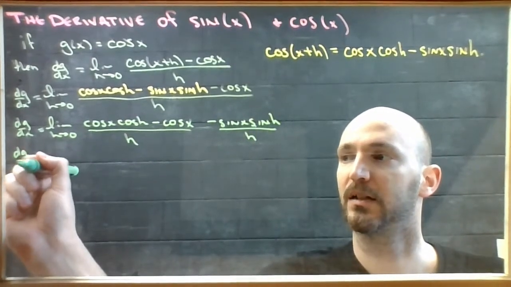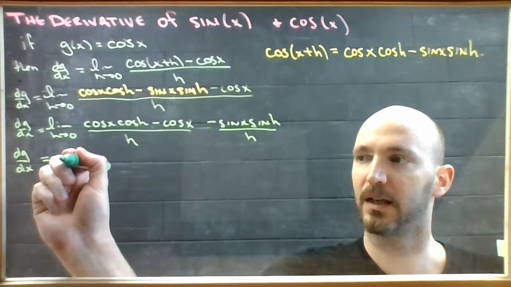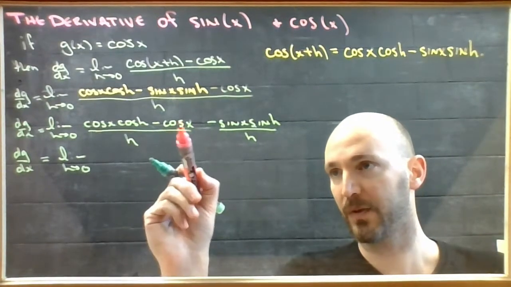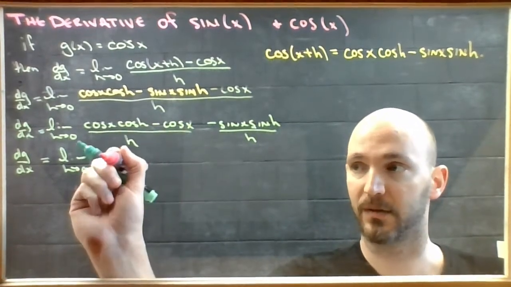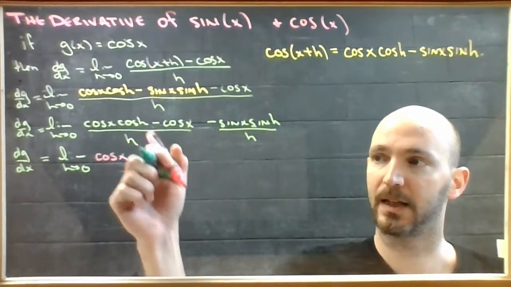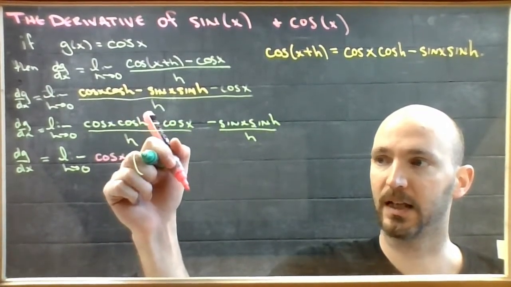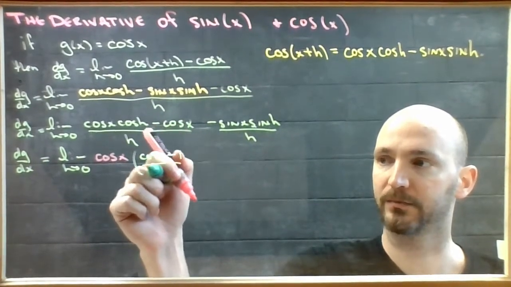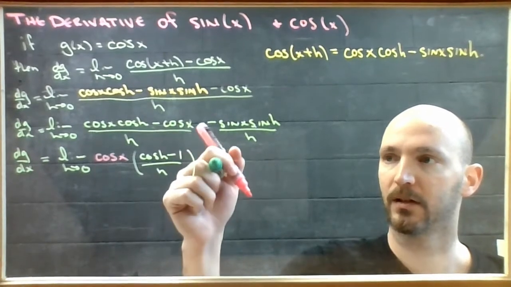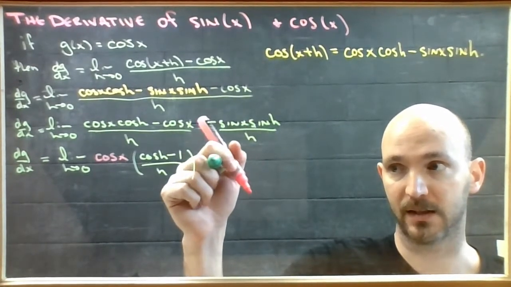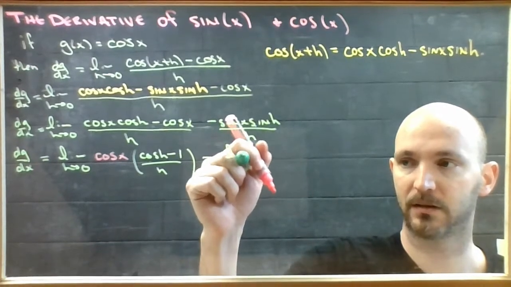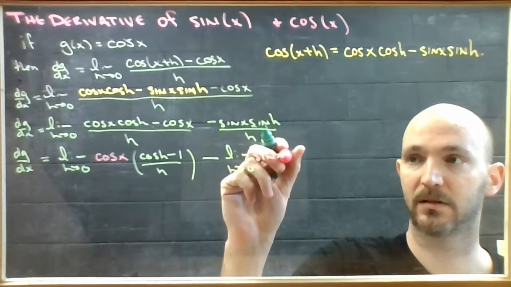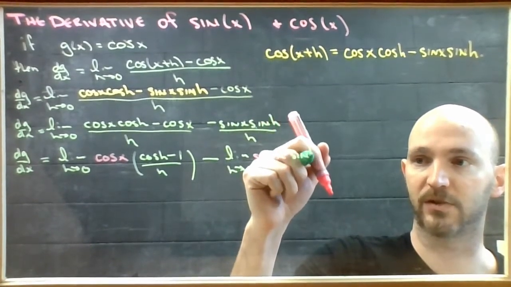So dg by dx equals the limit as h goes to 0. Both of these terms contain a cosine x, so I'm going to factor that out. And that leaves me with a cosine h minus 1 over h. I have a negative here, so that's subtract the limit as h goes to 0. This one contains a sine x piece, sine h over h.